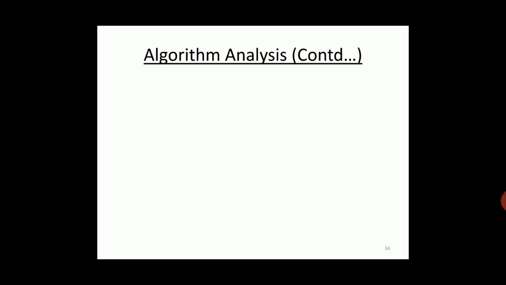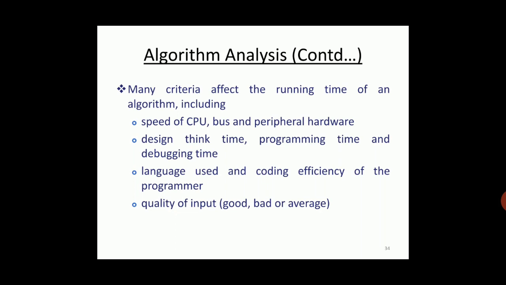Some other points of algorithm analysis: the main factors affecting the running time of an algorithm. If we say our algorithm takes 10 units of time, then what other effects are affecting it? We have many criteria affecting the running time of an algorithm.